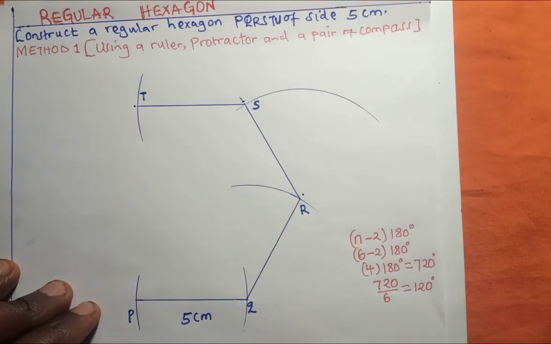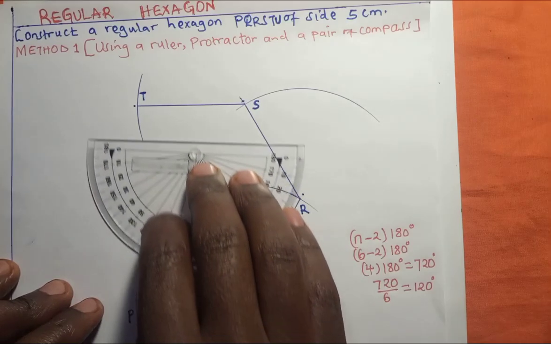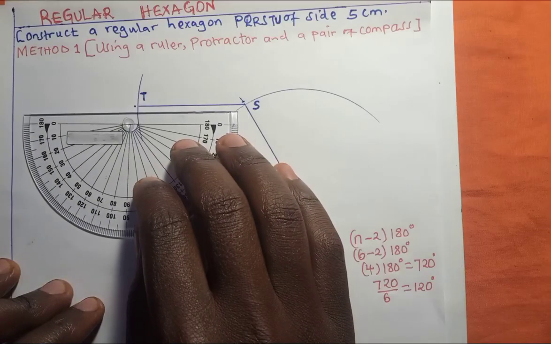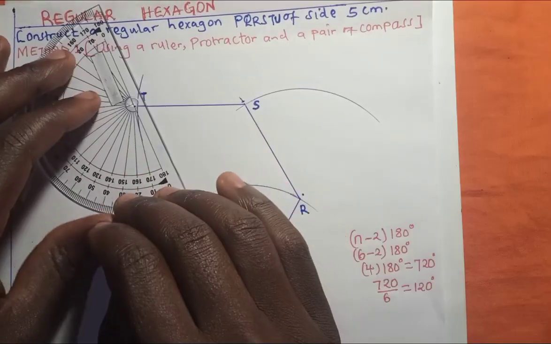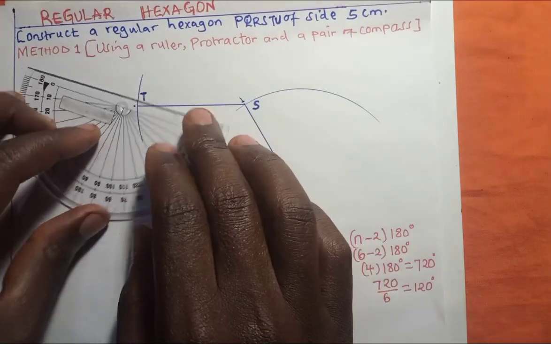I think we need to make point U. PQRSTU. We need point U, by the way. I think there is something I omitted there. We need point U. We are going to make point U right here.